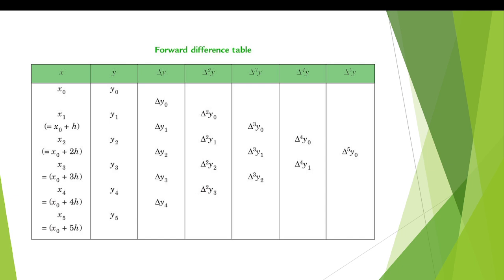The next column is del 4y, and by using del 3y0 and del 3y1, we calculate del 4y0, that is, del 4y0 is equal to del 3y1 minus del 3y0. In this way, we also calculate del 4y1. And finally, we get del 5y0, which is equal to del 4y1 minus del 4y0. Okay, I think this is clear to you.